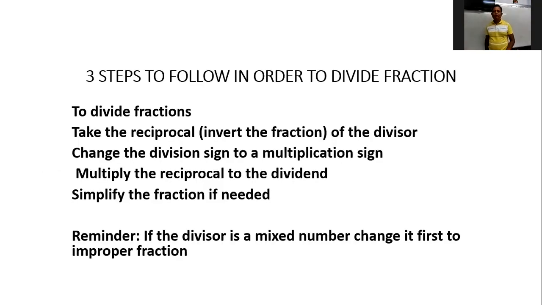Let's begin. There are 3 steps that we should follow in order to divide fractions. Number 1, take the reciprocal. When you say reciprocal, class, it means you invert the fraction of the divisor. Then change the division sign to a multiplication sign.